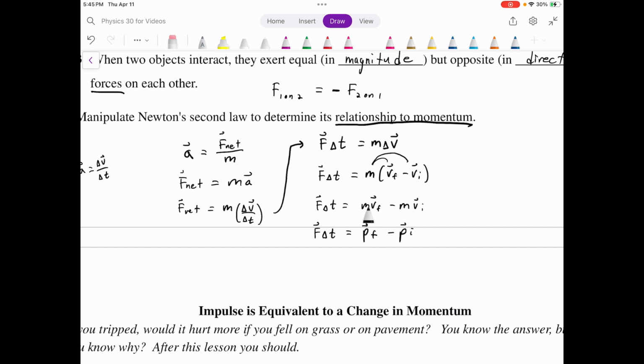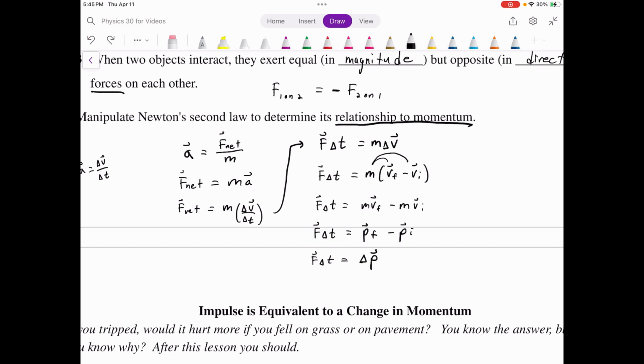This is just final momentum. This is just initial momentum. So the force that was acting on the object times the time that it was acting for will tell us how much the object's momentum should change by, right? Final minus initial just gives us the change.